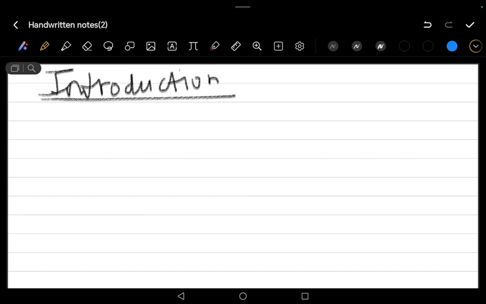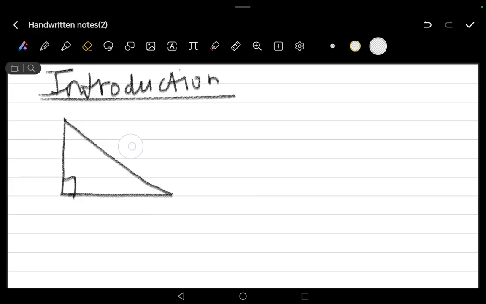So for the three trigonometric ratios, let's say we have this right angle triangle. Here on the right angle triangle, we have the hypotenuse. Let me write it in capital letters. We have hypotenuse, opposite, and adjacent.